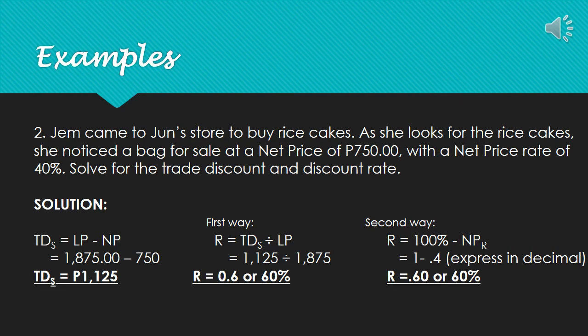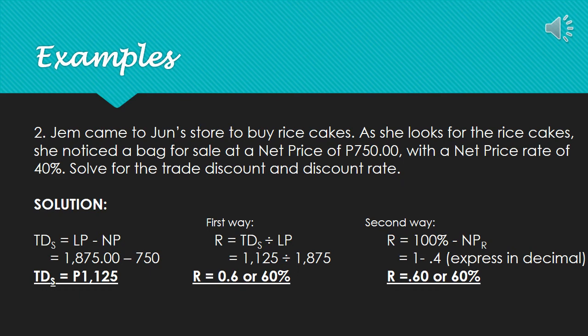then the total discount is 1,125. And in finding the discount rate, we can use two formulas. So first, we have R equals TDS divided by LP. So substitute, we have the value 1,125 divided by 1,875. So we have 0.6 or 60%.